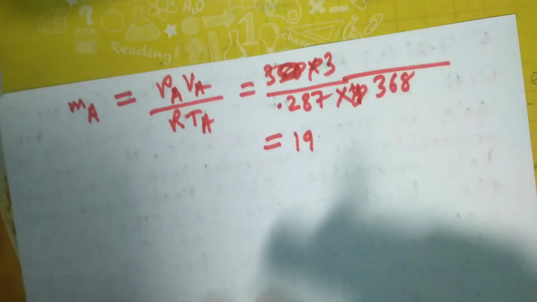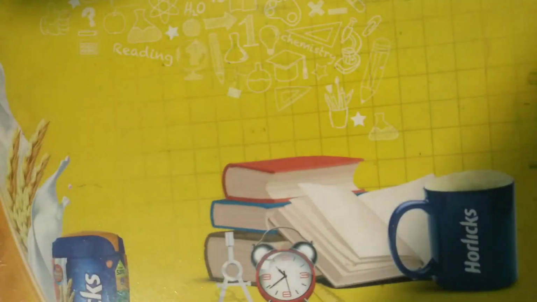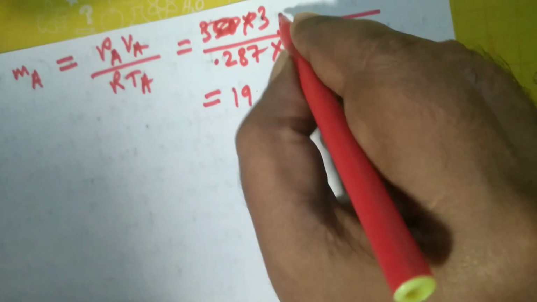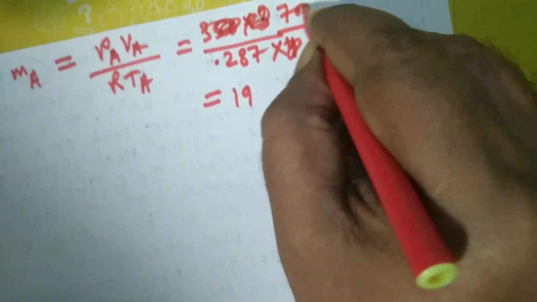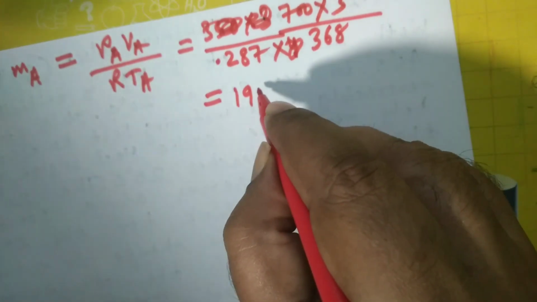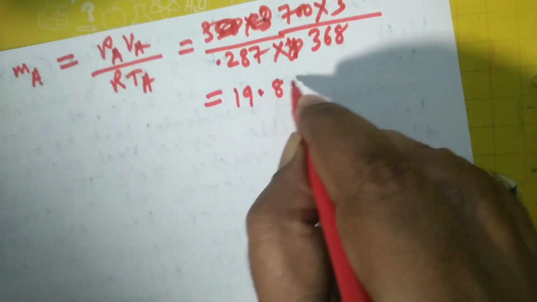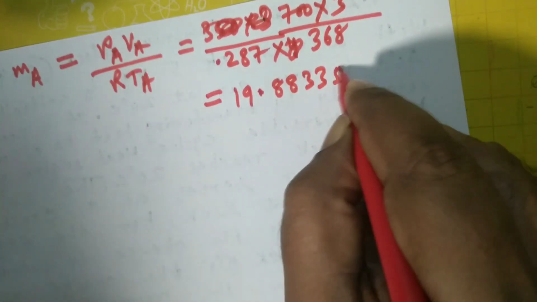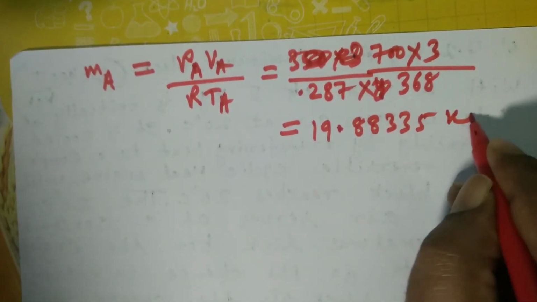0.7 megapascal is 700 kilopascal. So this is 700 multiplied by 3, and on dividing it comes out to be 19.88335 kg.